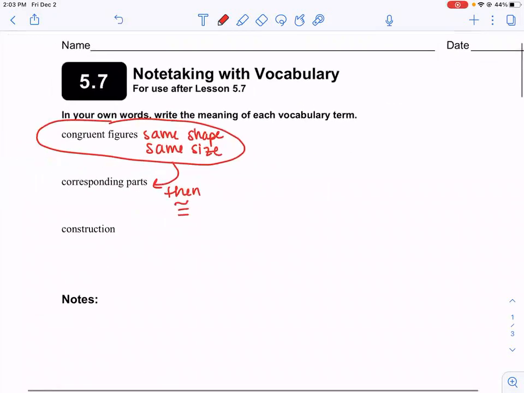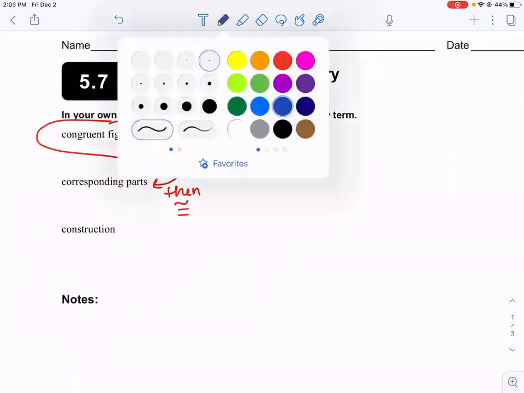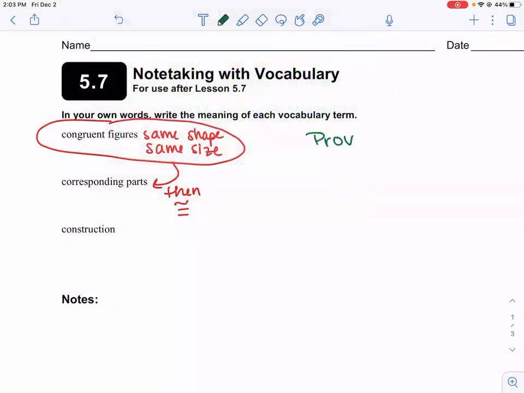We need to prove our triangles to be congruent. Then we know corresponding parts of congruent triangles are congruent. If we have congruent triangles, then our corresponding parts are also congruent.